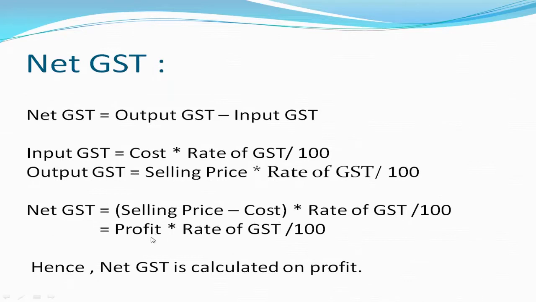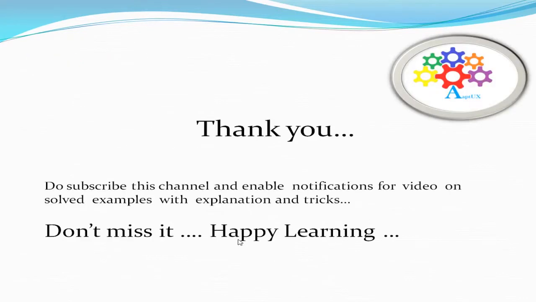It is profit. So net GST is calculated on the profit made, right? When a person buys some product or services at a lower price and sells it at a higher price, profit is made. So this is net GST.